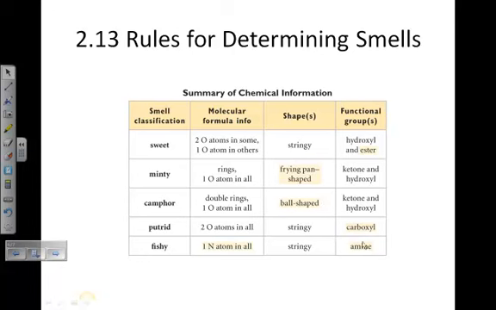Putrid smells are definitely carboxyl groups that you'll see embedded within the carboxylic acids. And finally, fishy, there's always a nitrogen, and the naming is always amine. Again, these are typical ways of determining the smell. They're not 100%, but they are a good average.